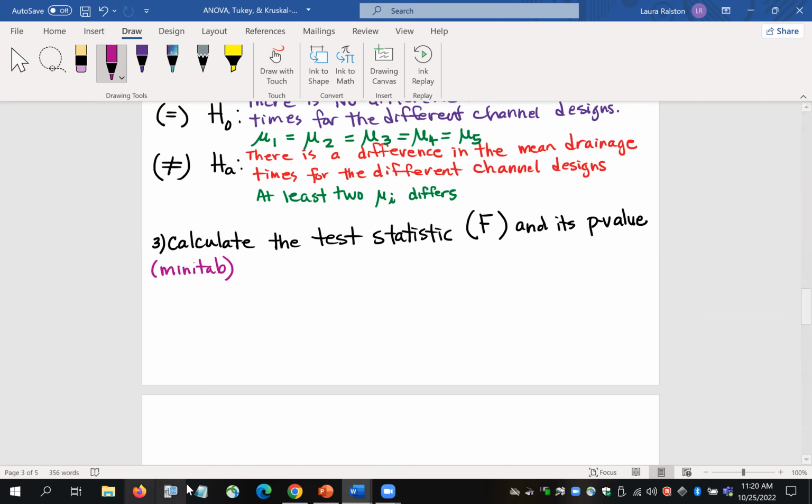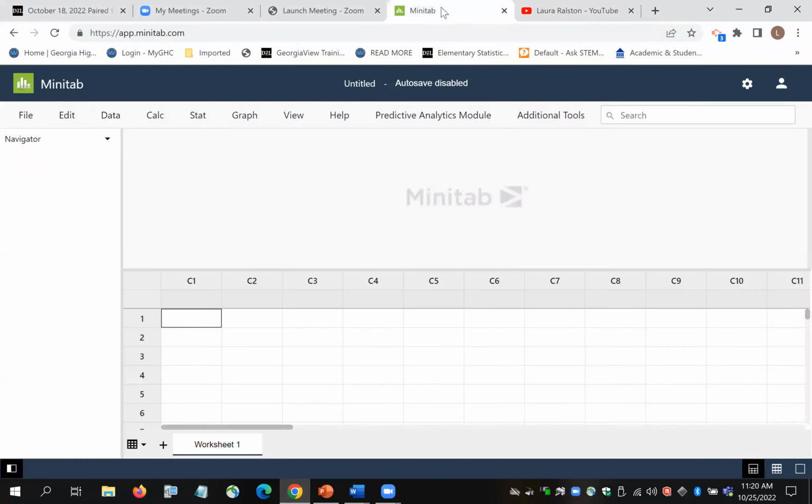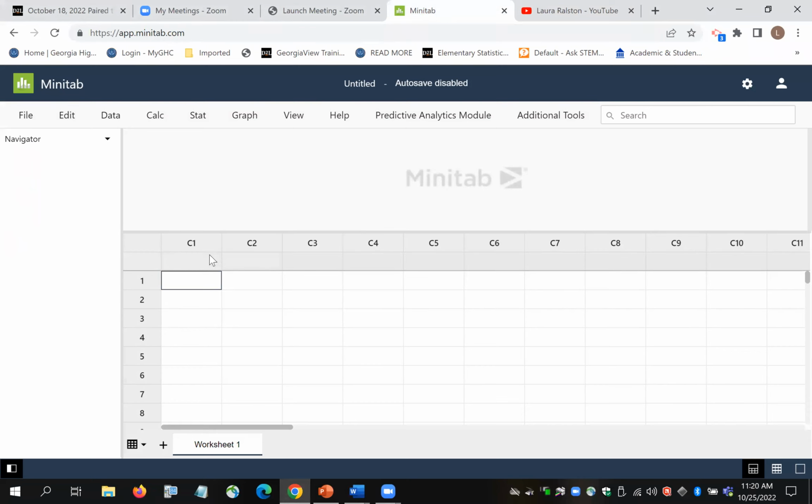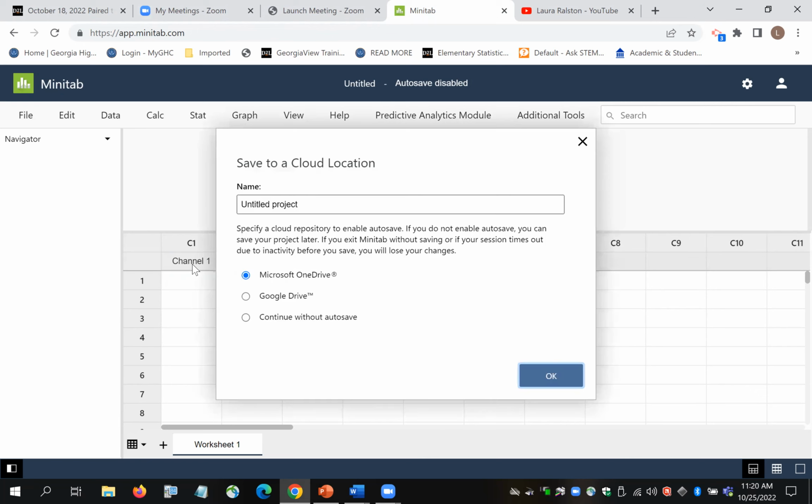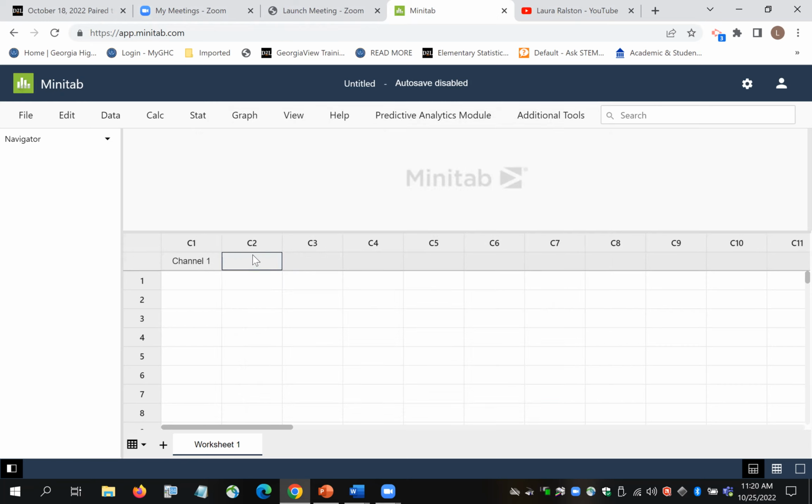So I'm going out to Minitab, and we need to put in our data, because to do any kind of analysis, you have to have data. There's two ways you can enter the data here. I much prefer to put each individual category or group, in this case, each channel design, in its own column. You can put all of them in a column and then code it, if you will.